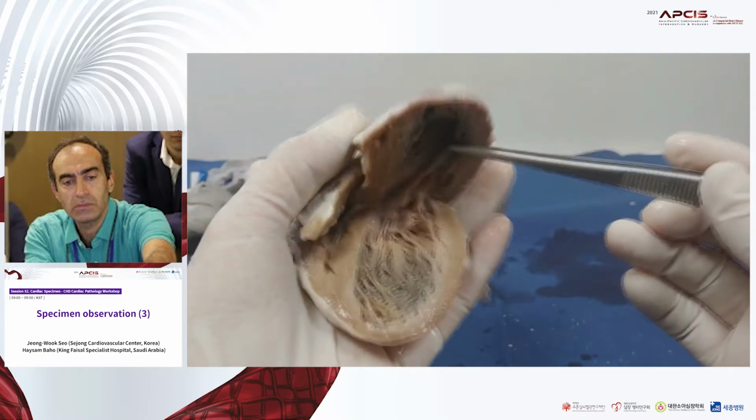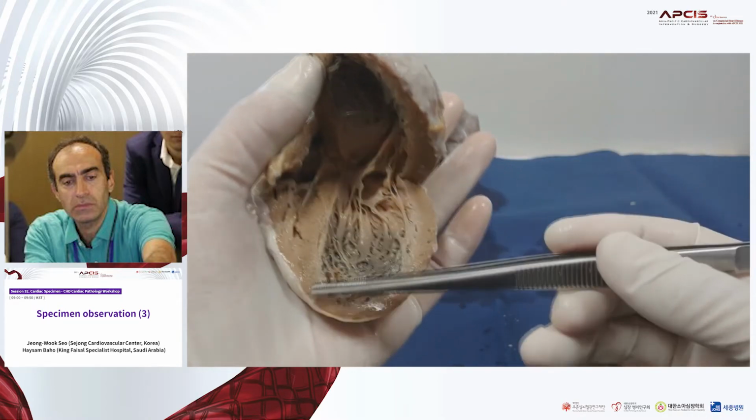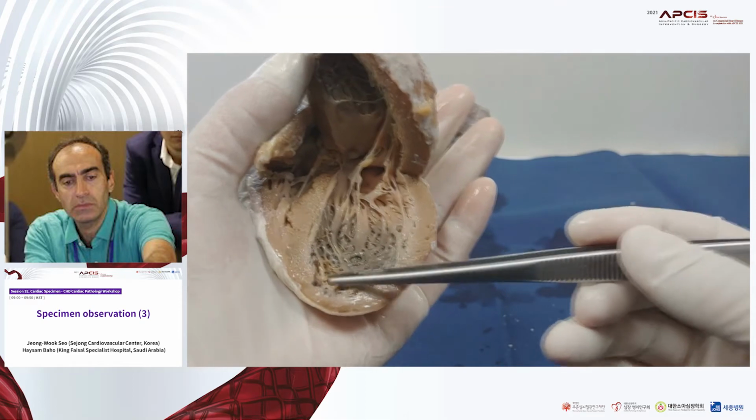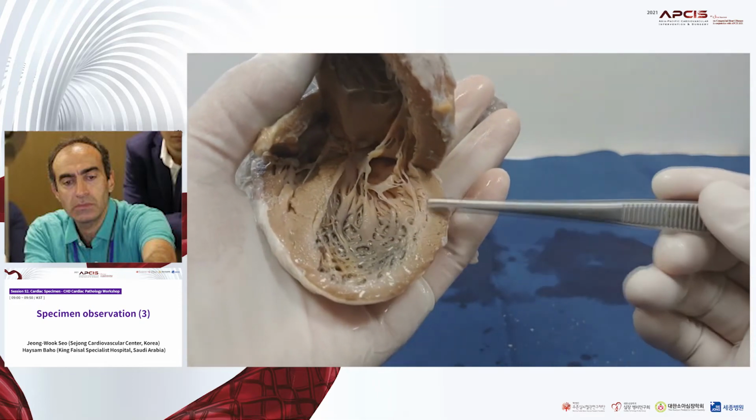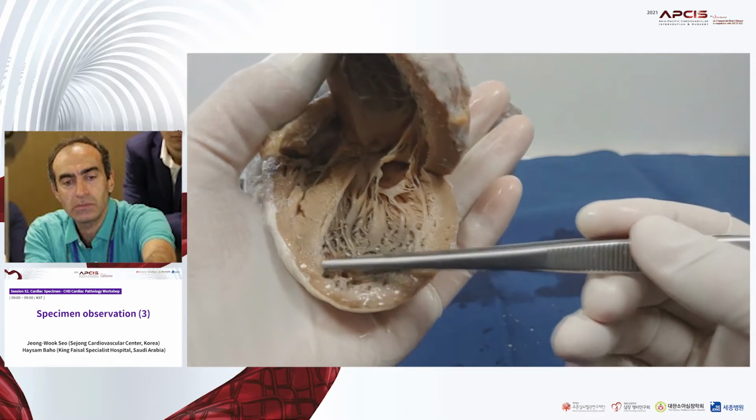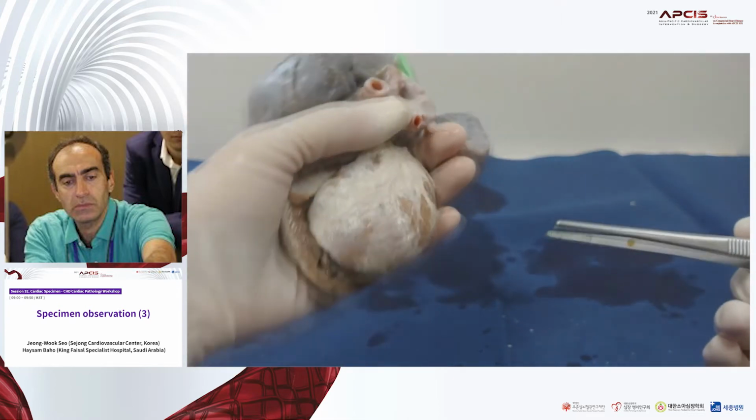So this ischemia caused left ventricular failure, which eventually caused the death of the patient. Look at this discolored subendocardial area caused by the compromised coronary flow.